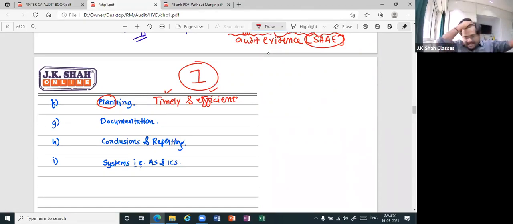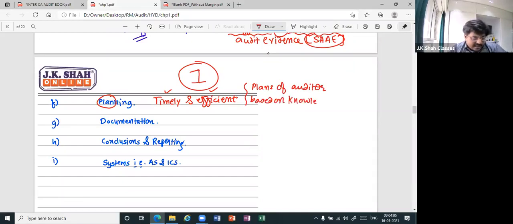Theory is different. Practical is different. You cannot mix both of them. Then use common sense. Can I say the plans of the auditor should be based on whose business? Correct, client's business. So it would be based on the knowledge of client's business. So the plan should be obviously taking into consideration the client's business. All cool? Come on.